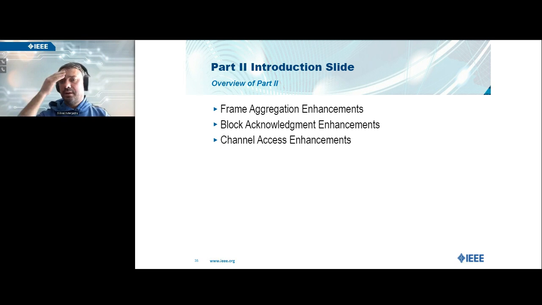All right, so we can start with part 2. During this part, we'll start discussing a little bit the enhancements that were introduced to frame aggregation at the MAC layer, several enhancements to the block acknowledgement mechanisms, in particular the frames that carry this acknowledgement, and some channel access enhancements as well.